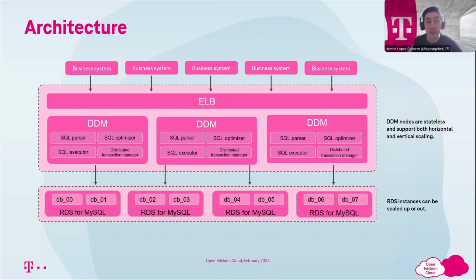For this, you really need a freshly deployed RDS instance, then associate it to DDM, and then the sharding starts at that point. That means you have to execute a migration from the production RDS into this DDM sharding technology.